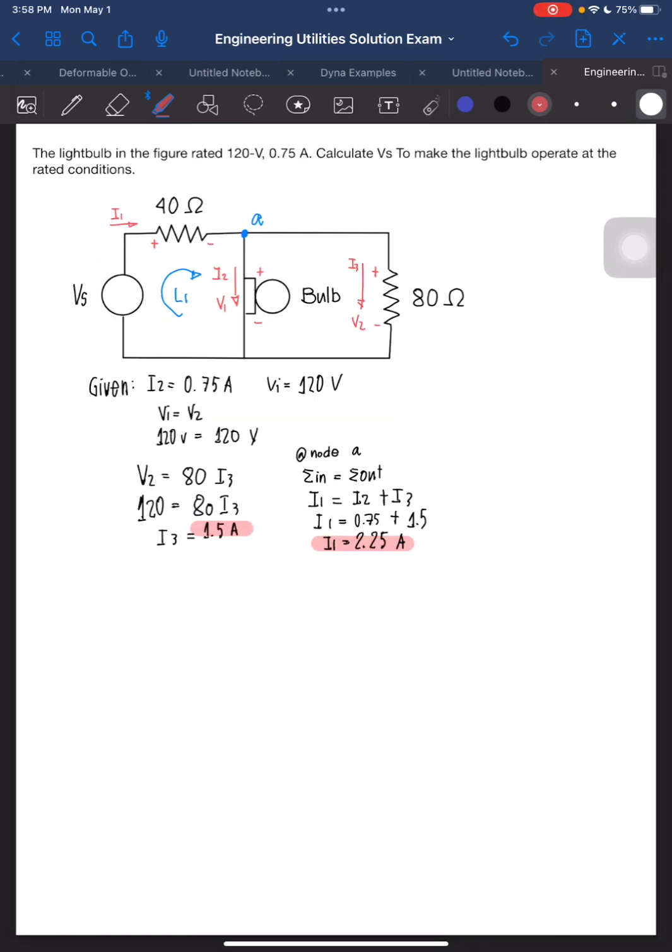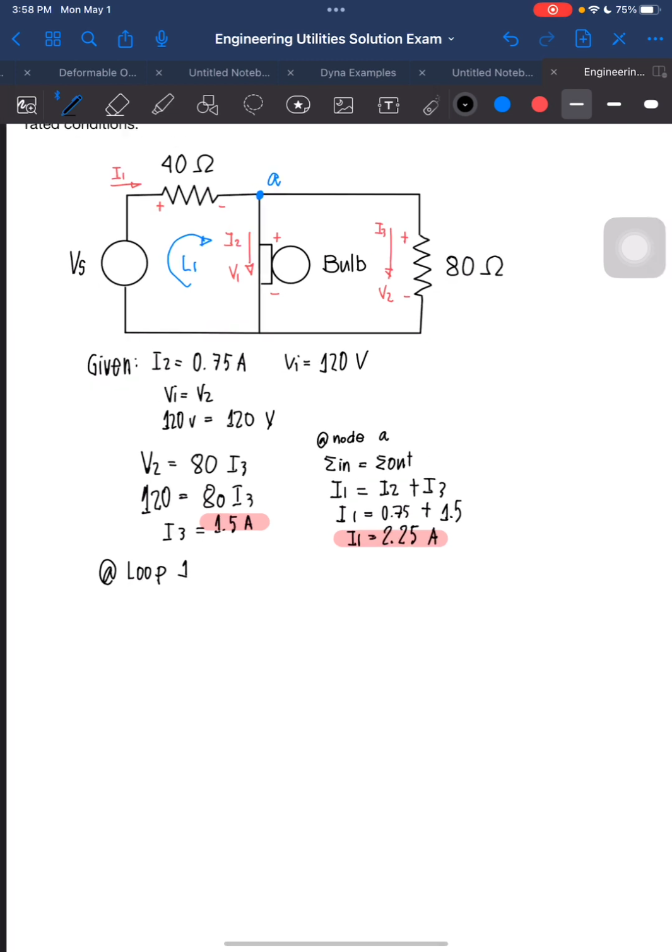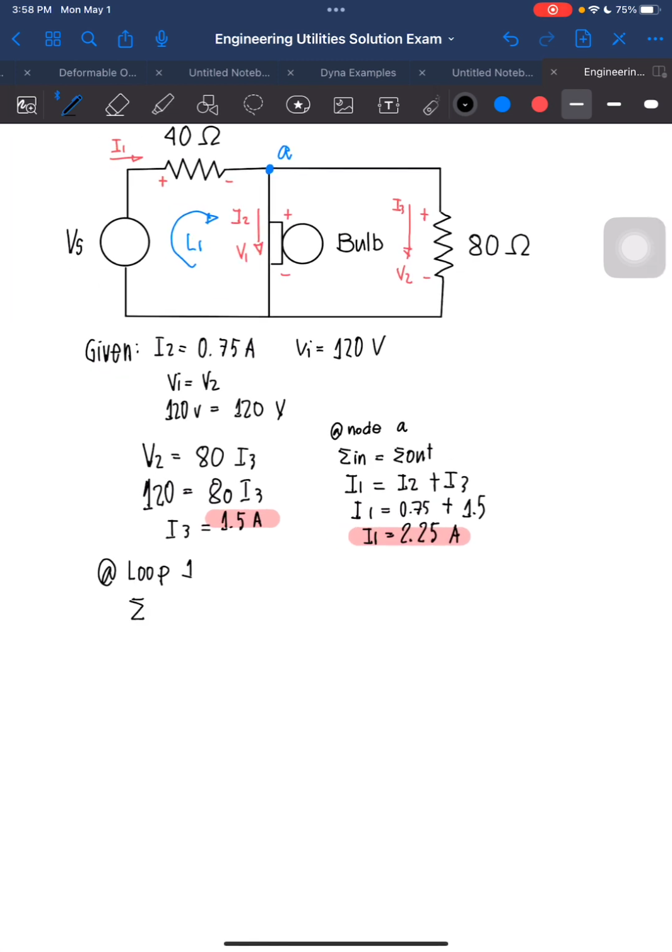Pagkatapos nyan, pwede na natin malaman yung voltage source. Gamitin naman natin itong loop 1. So, at loop 1, summation ng volts is equal to 0.